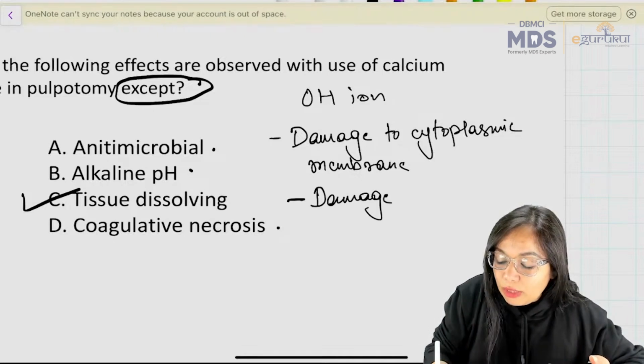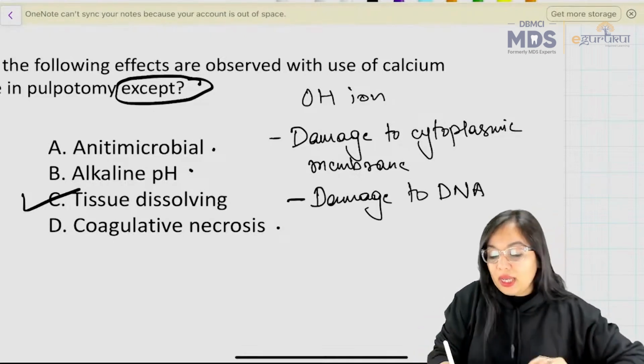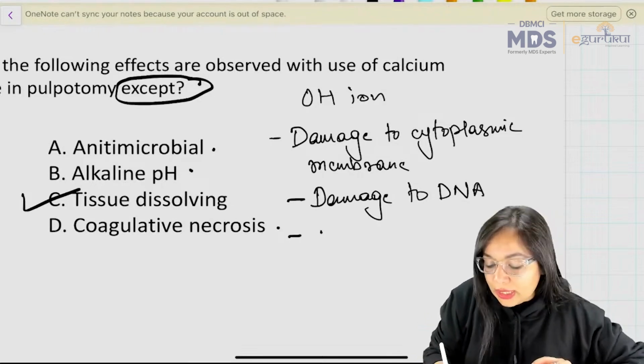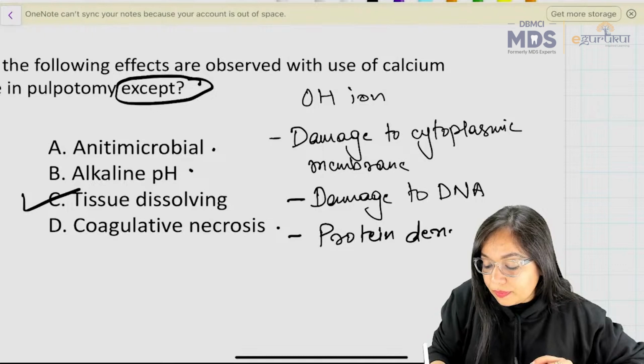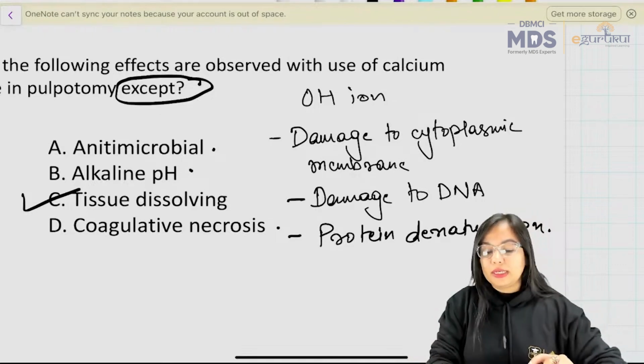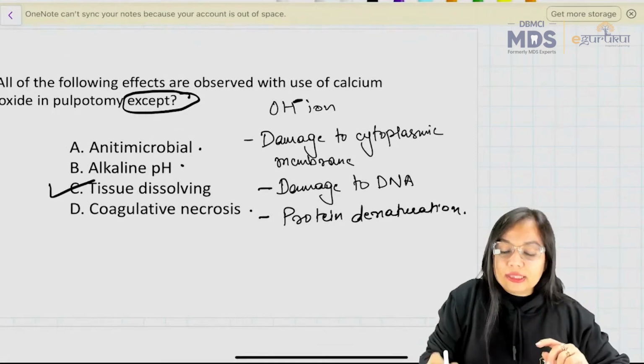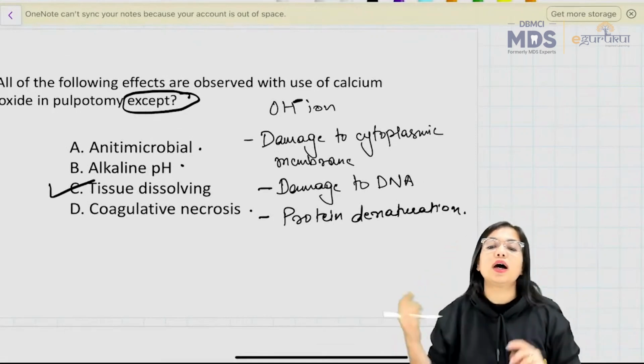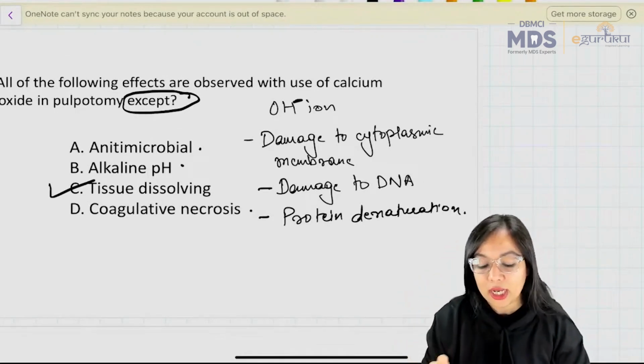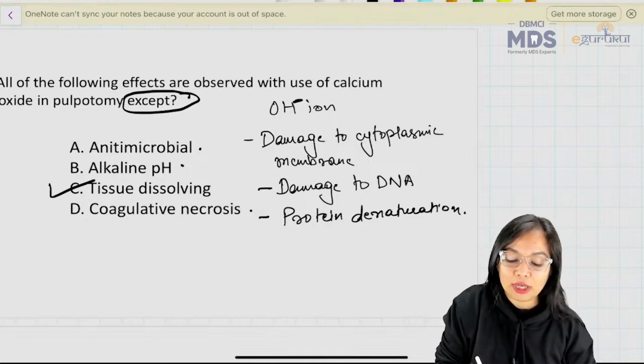So here we are talking about the bacteria, the damage is being done to the bacteria. And the third thing that it will do is cause protein denaturation. Is it clear? So these three things are done by the hydroxyl ion of the calcium hydroxide. So hence it becomes antimicrobial.